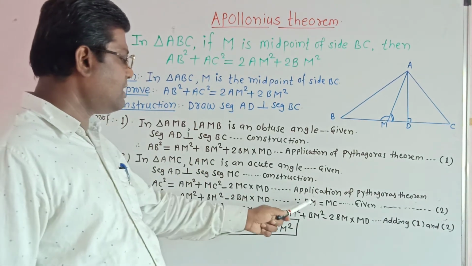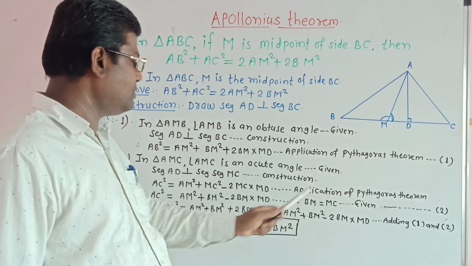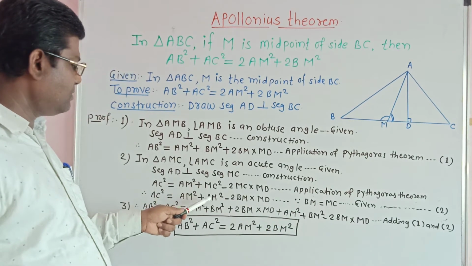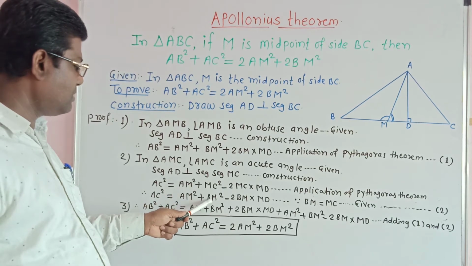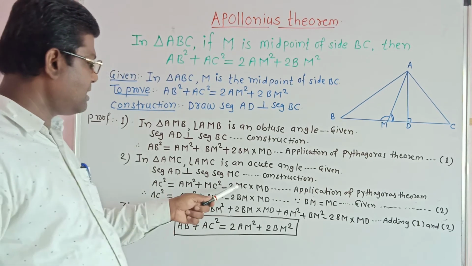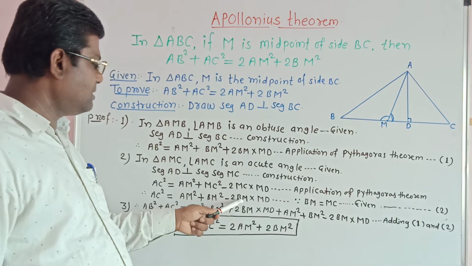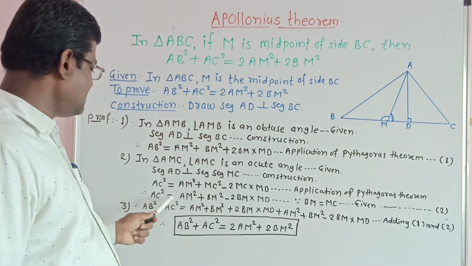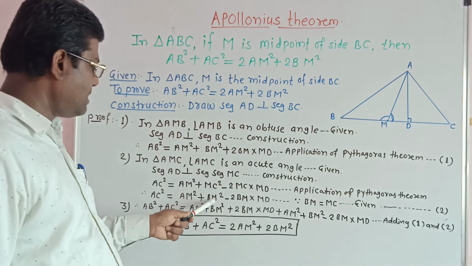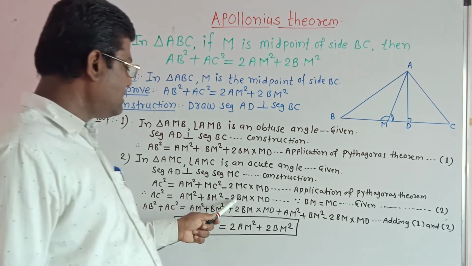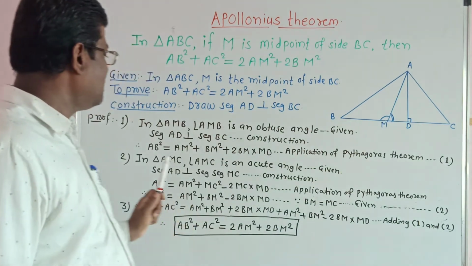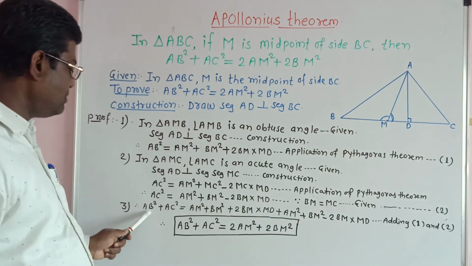But it is given that BM is equal to MC. Therefore put MC equal to BM in MC square, and also here. Therefore our equation will be AC square is equal to AM square plus BM square minus 2BM into MD. This is equation number 2. Now add equations 1 and 2.